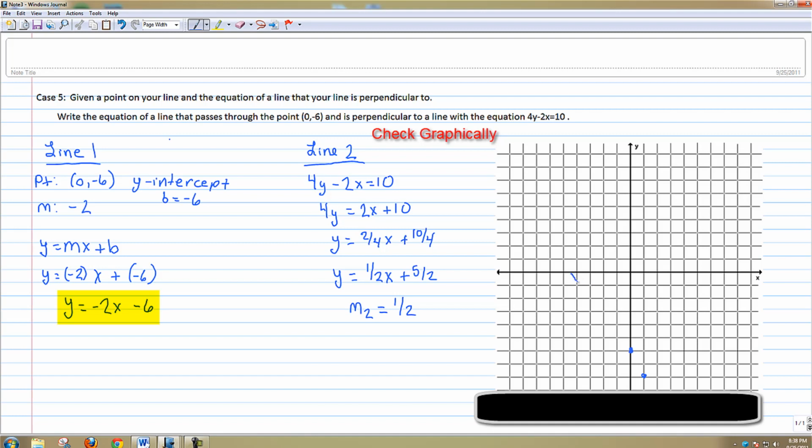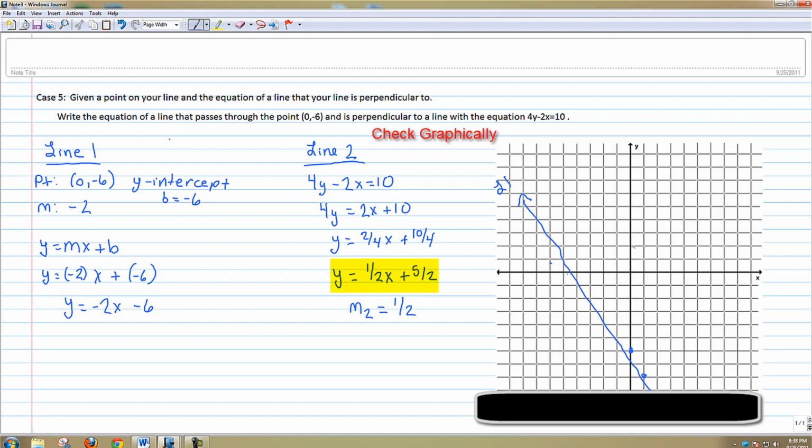Now I can connect my points to the best of my ability. So you get the idea. And this is my line 1. So this should be perpendicular to my line 2. So I'm going to plot line 2.